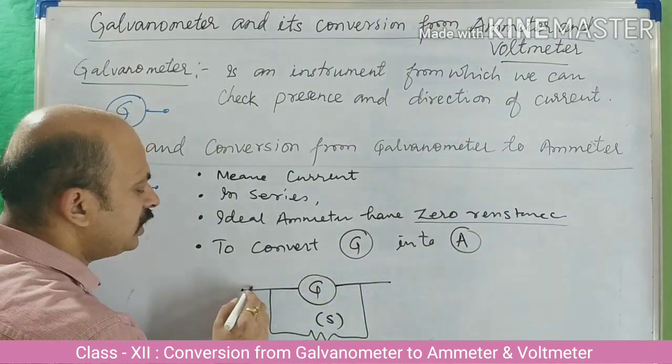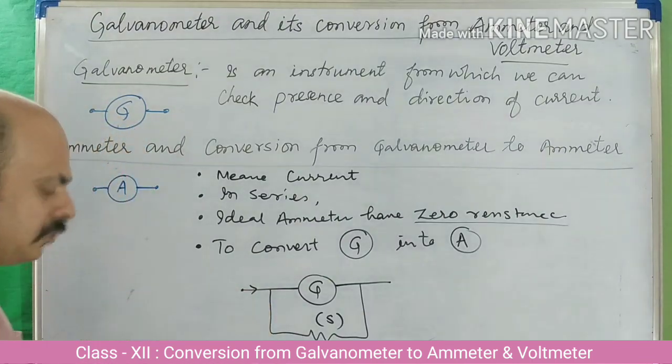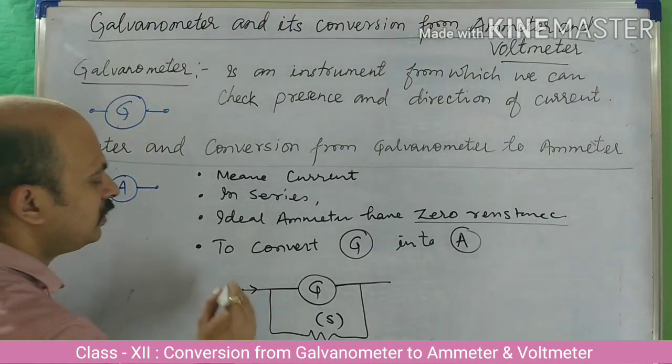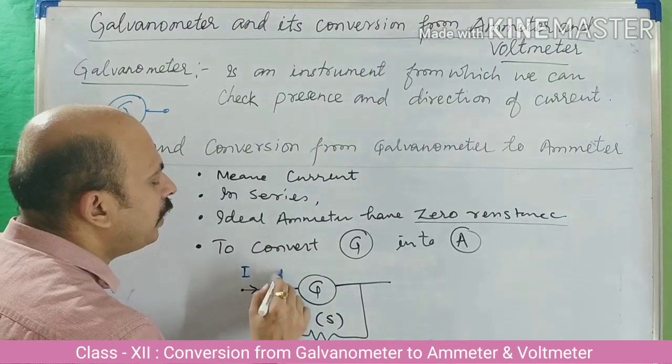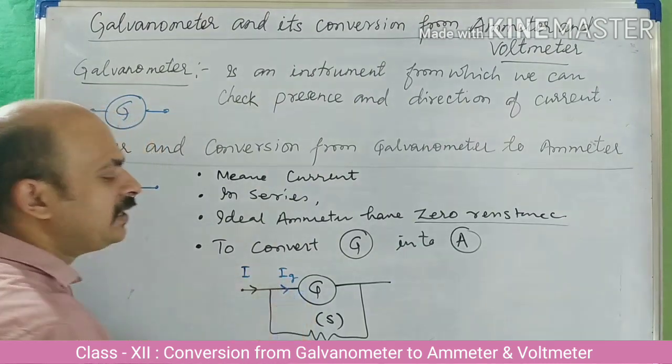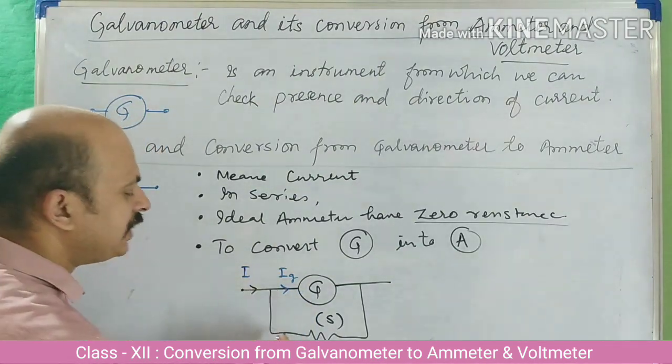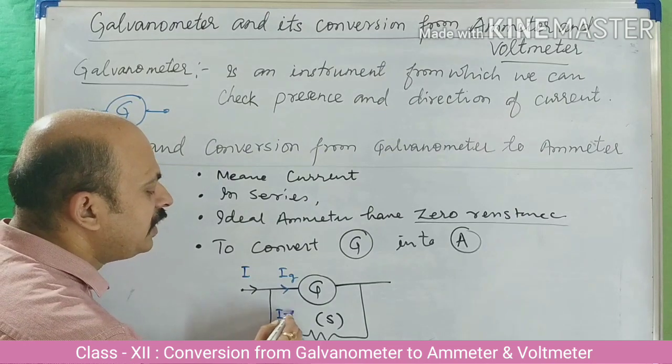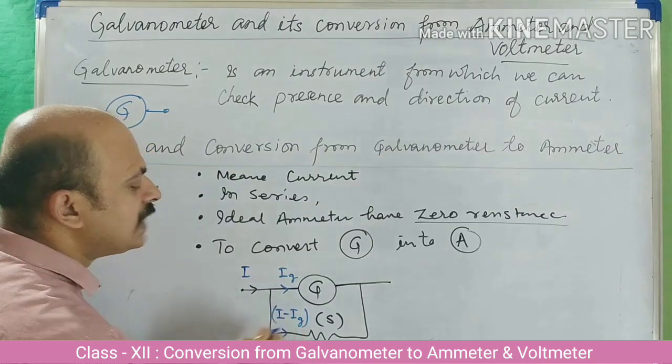Now suppose current I is flowing; that will divide into 2 parts. Through the galvanometer the current flowing is Ig, and the remaining current will be I minus Ig.